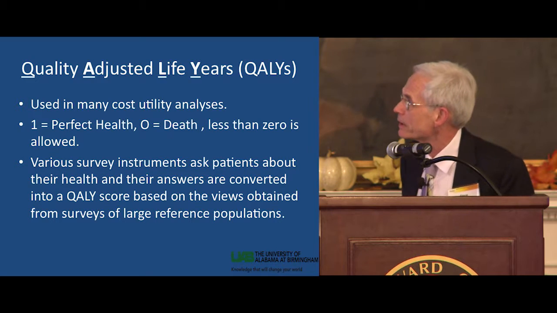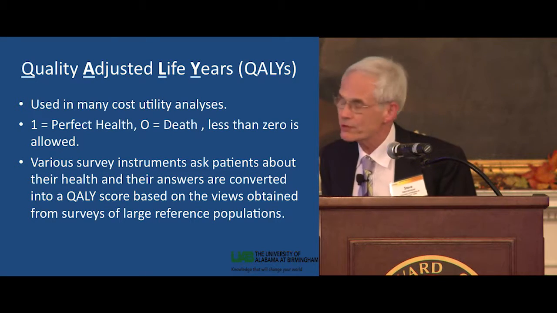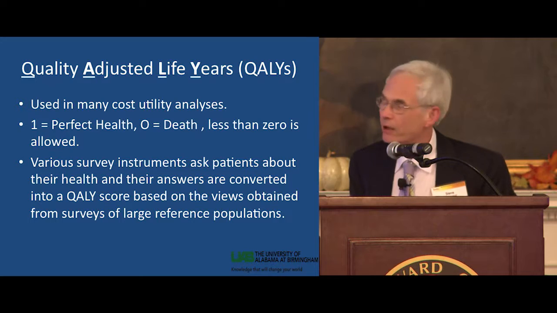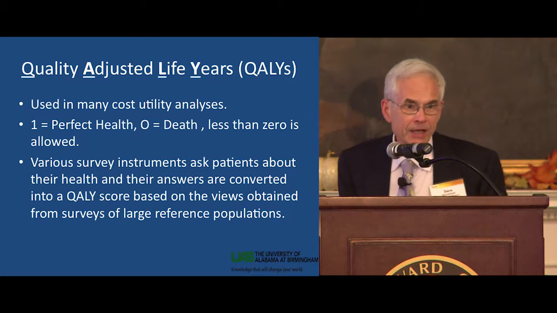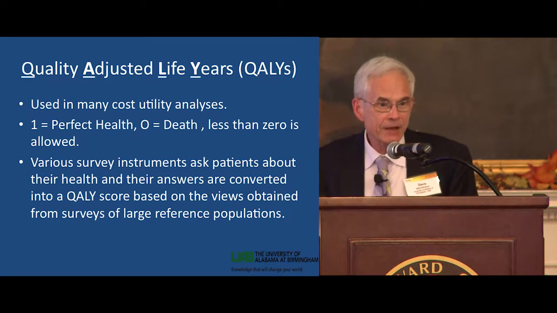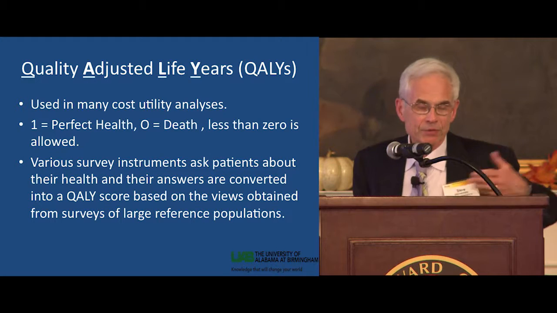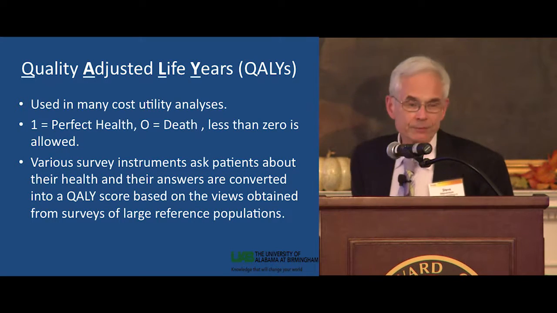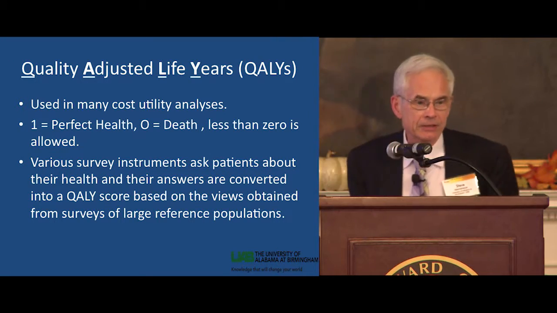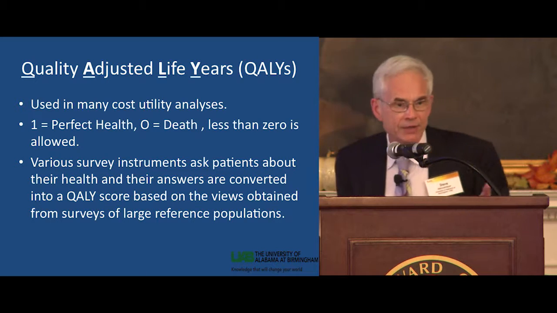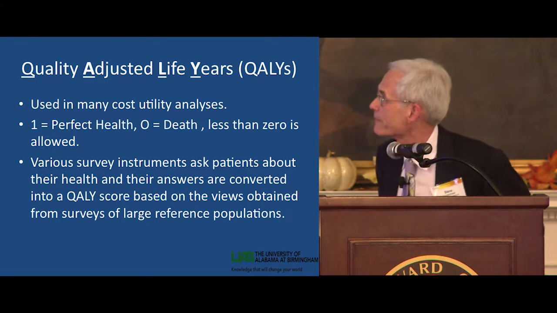And the idea is to get things measured on a scale where 1 is perfect health, 0 is death, everything else is in between, and you do allow for the possibility that you could have negative conditions which people would consider to be a state worse than death.